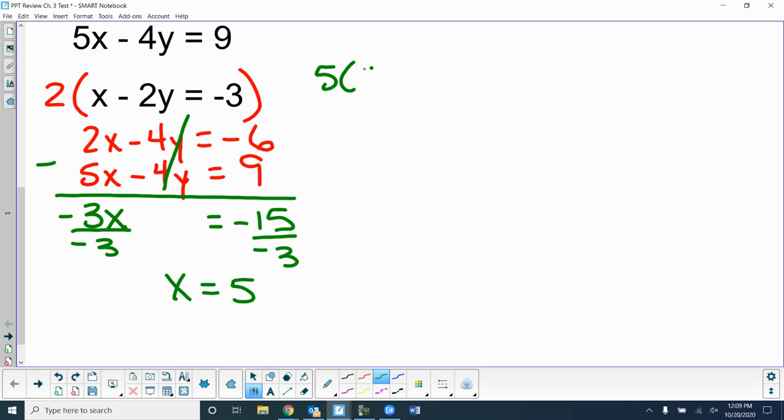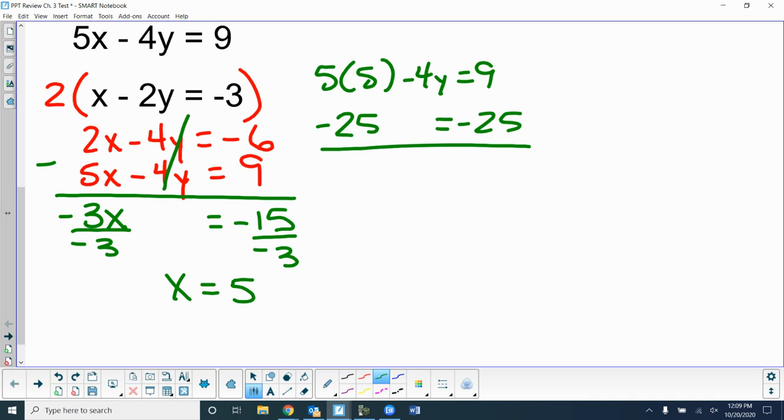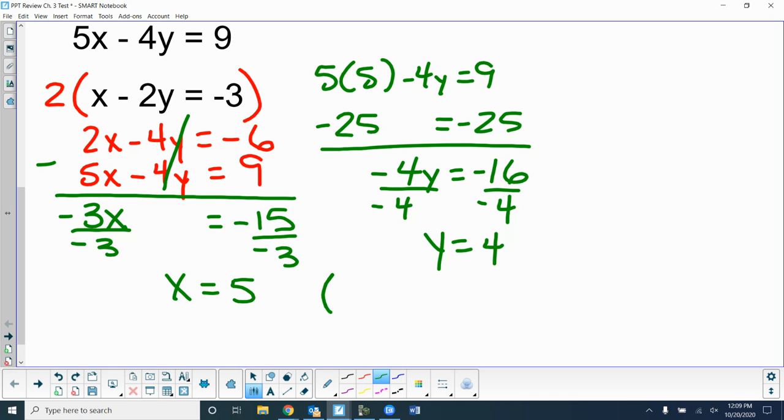So 5 times 5 minus 4y equals 9. That's 25, so I'm going to subtract 25 and get negative 16, and I get positive 4. So we get the same answer, which we're supposed to get. It's the same problem, right?